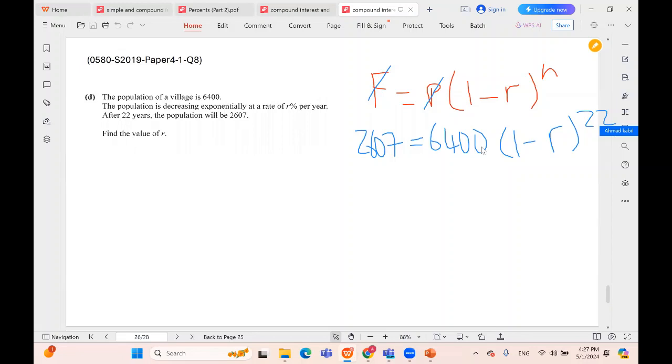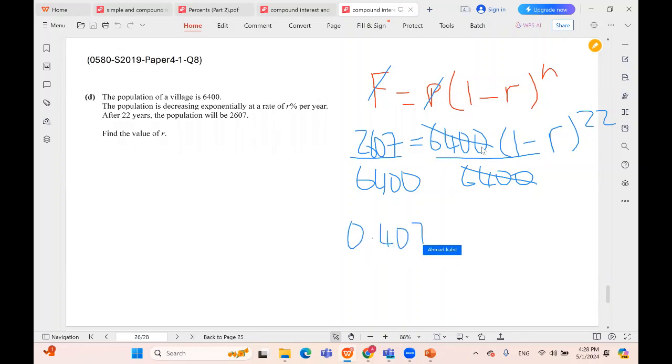We divide both sides by 6,400. These will cancel out. So 2,607 divided by 6,400 gives us 0.4073. And this is equal to 1 minus R to the power of 22.